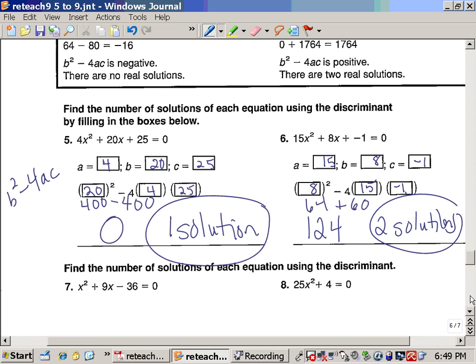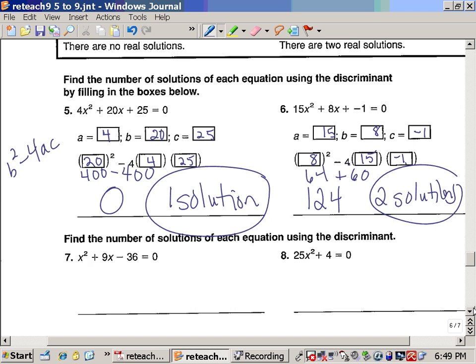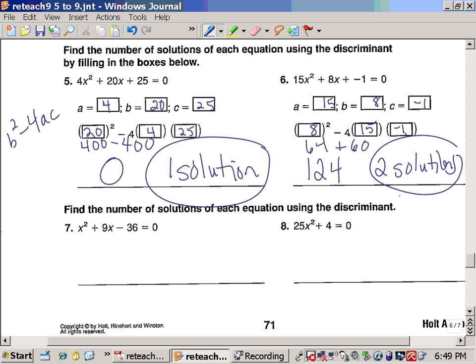Okay, number 7 says to find the number of solutions using the discriminant. The discriminant is only the part b squared minus 4ac. So since a is 1, b is 9, and c is negative 36. So I'm going to go b squared, which is 81 minus 4 times 1 times negative 36.